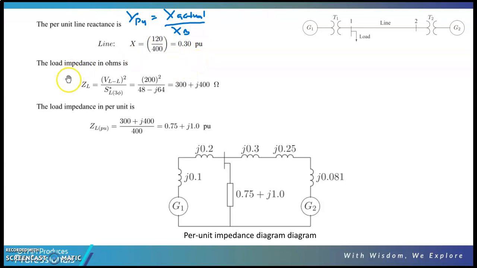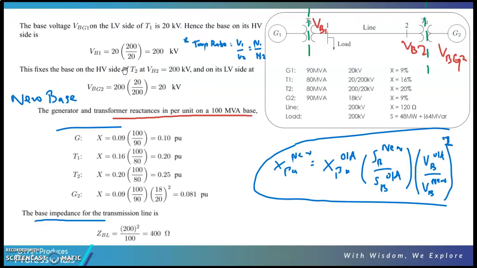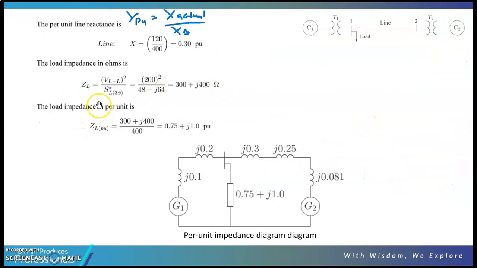Then for the load, the load impedance in ohms. For the load, we have information of voltage and S. From the S and the voltage, you can determine impedance because ZL equal to V line to line squared divided by S conjugate, because S conjugate equal to V line to line squared over ZL.